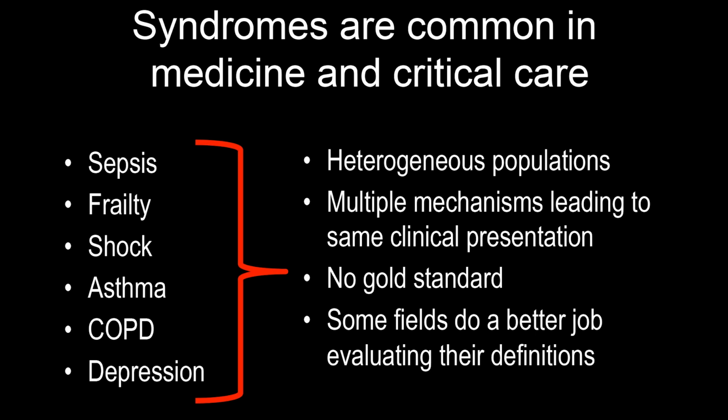The concept of studying syndromes without gold standards: we're not alone in this. Basically, the entire field of psychiatry is built on studying syndromes without gold standards, and I would argue that they are well ahead of us with regard to pharmaceutical development. So this argument that you can't come up with effective pharmaceutical drugs, we might debate how effective the drugs are, but they apparently are to some degree.